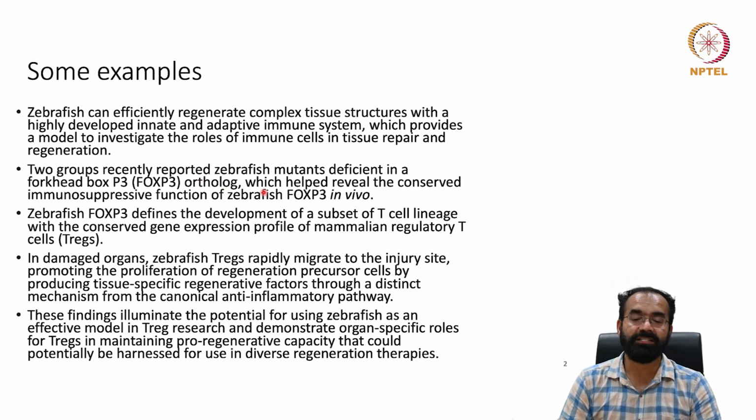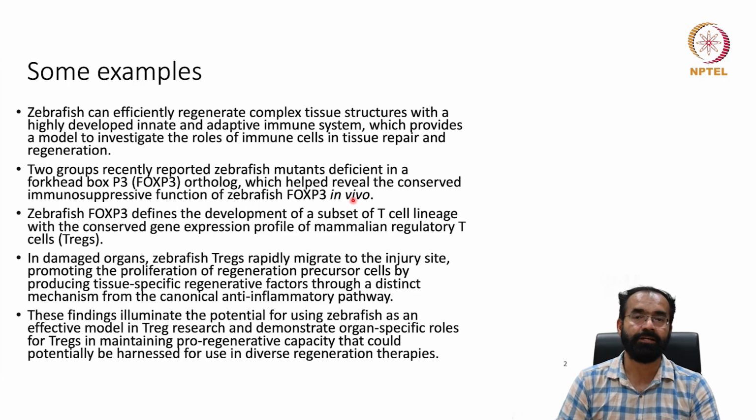Two research groups have reported zebrafish mutants that are deficient in forkhead box P3 or FOXP3 ortholog, which helped to reveal the conserved immunosuppressive function of zebrafish FOXP3 in vivo. So FOXP3 is a functional marker of T-Regs, or in other words, if FOXP3 is missing, regulatory T cells are functionless. It's almost like if your hand is missing, you are still there as normal.